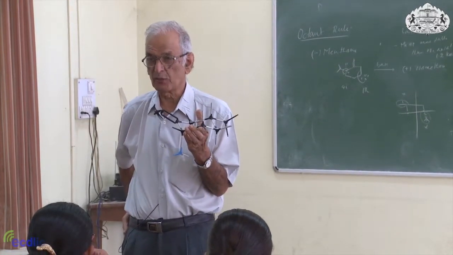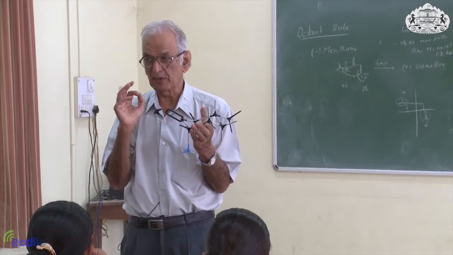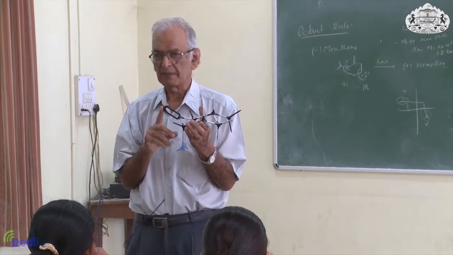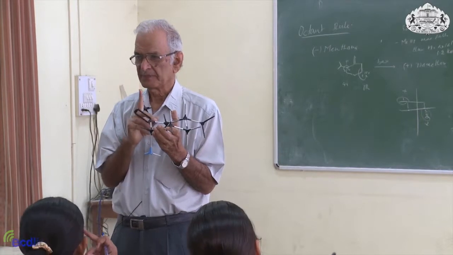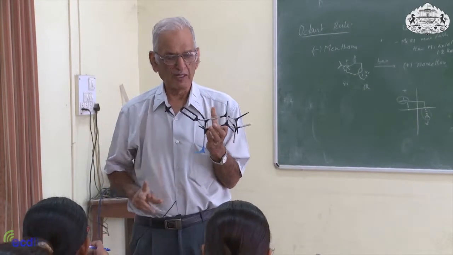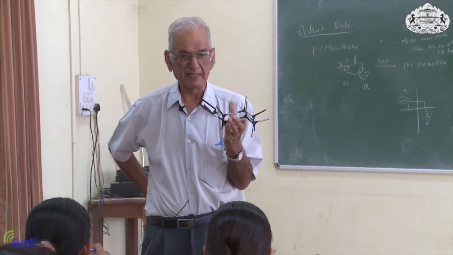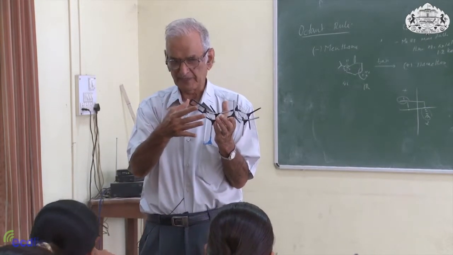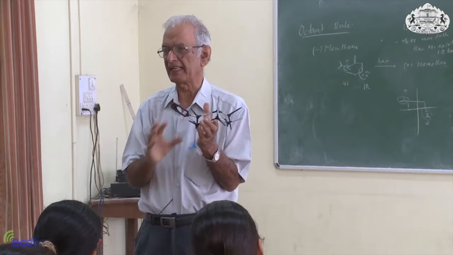In a cyclohexanone, that difference has become only 2.7 kilocalories. Why? Because in a cyclohexane, in a chair, all hydrogens are perfectly staggered, whereas in a ketone we now have eclipsing at this position.